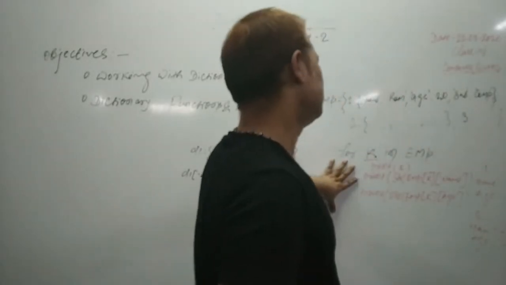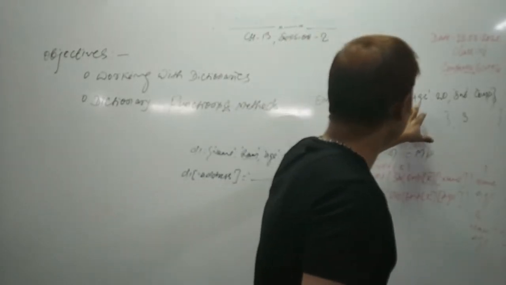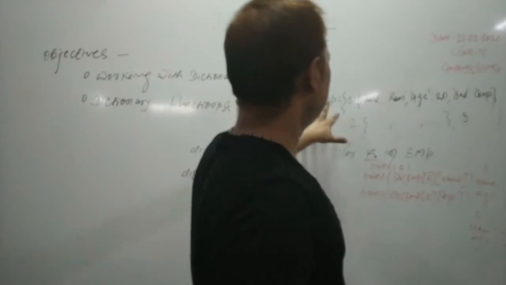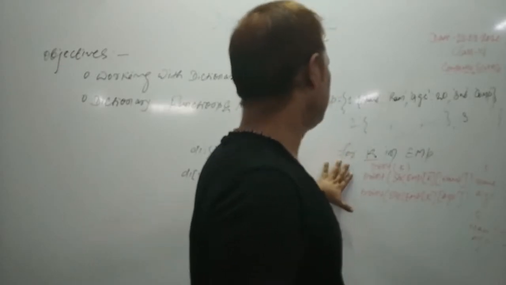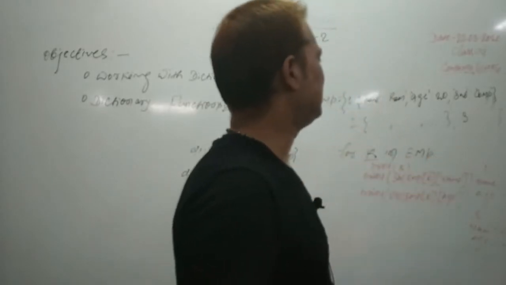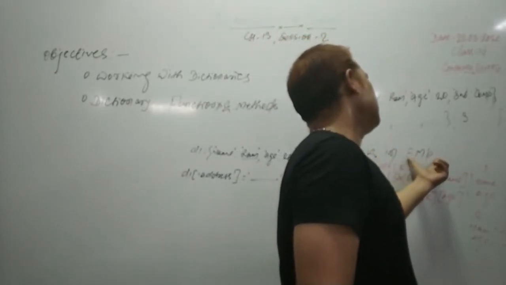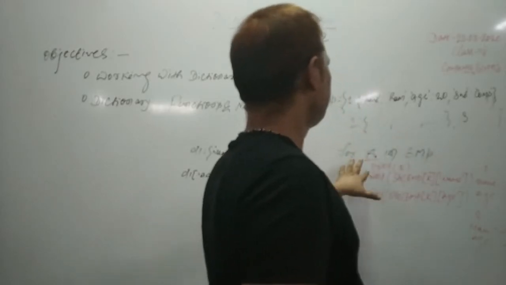So to refer to the inner key values in the nested dictionary, I have to simply use the for loop with the key as a variable and use the dictionary name.